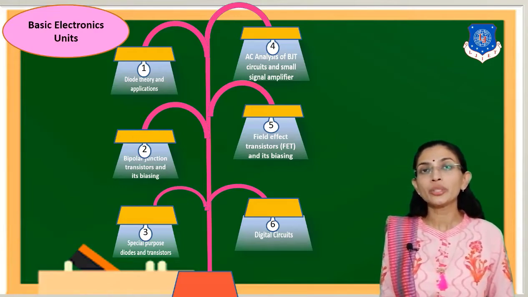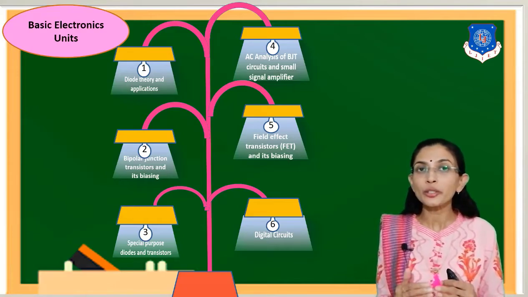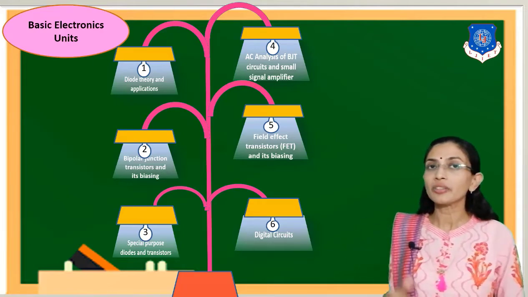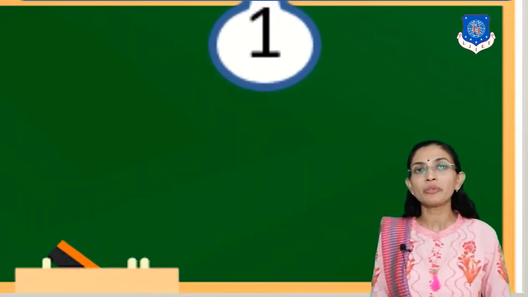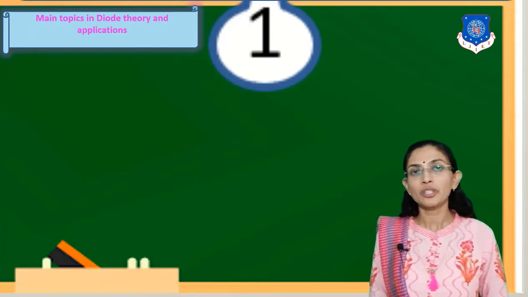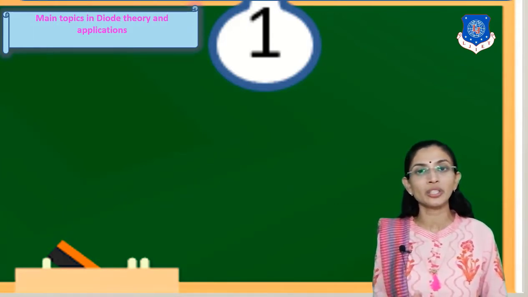Now I would like to discuss the different main topics. I want to introduce the main topics that we will cover in our chapters. So let's start with chapter number 1, diode theory and its applications, in which we will study the different applications and circuit diagrams of the diode.